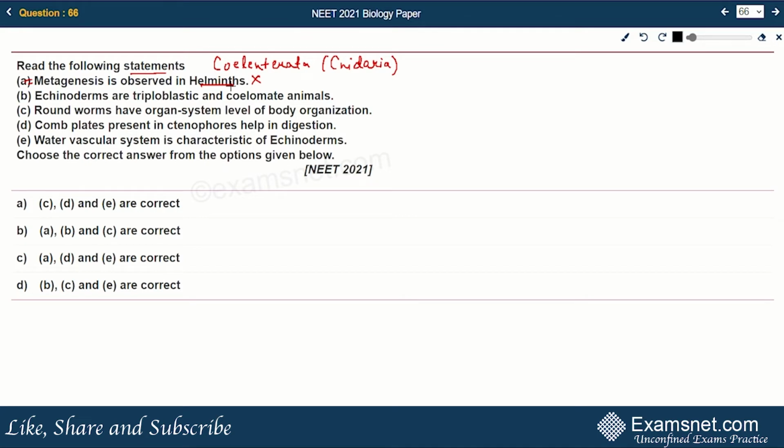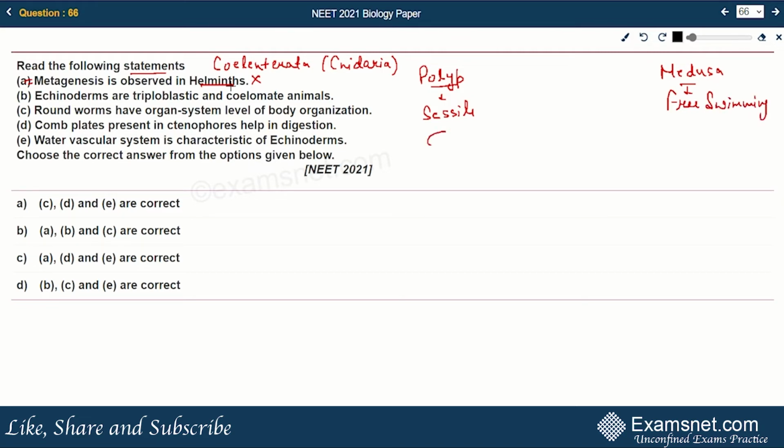Okay. Now these coelenterates are generally found in two basic forms. First one is polyp and the second one is medusa form. Okay. So the polyp form is sessile, whereas the medusa form is free swimming. Okay. Other than that, there is a difference in shape.